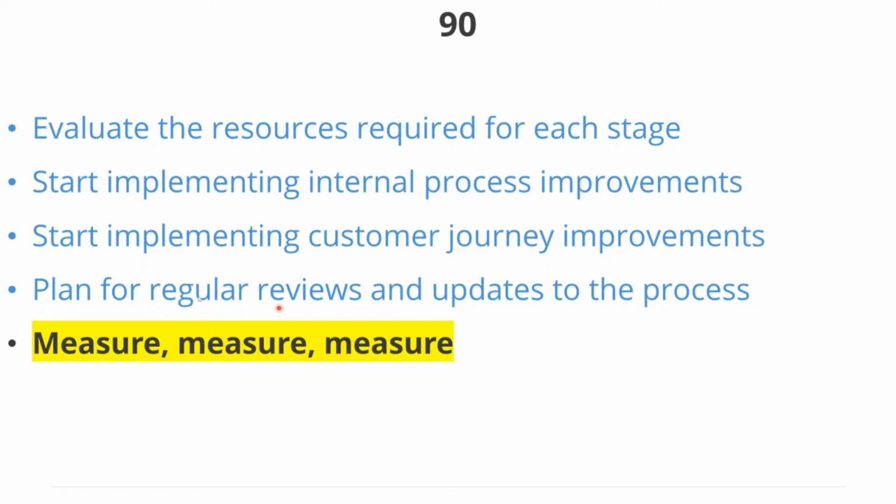So keep on reviewing and evaluating the process, within reason. And the last point, of course: measure, measure, measure. That's why I said you need one or two KPIs per accountable person. You want them to live and die by that number, knowing they're being evaluated by it, and everything else will follow.